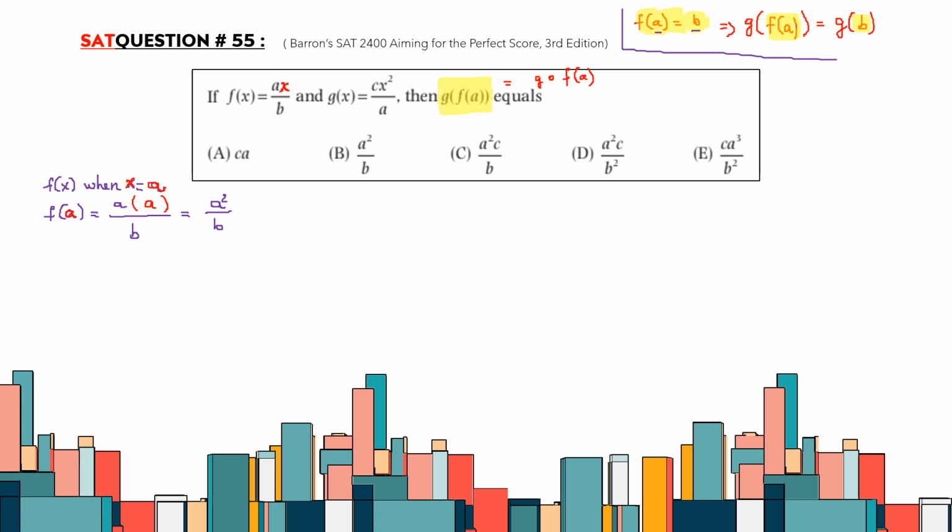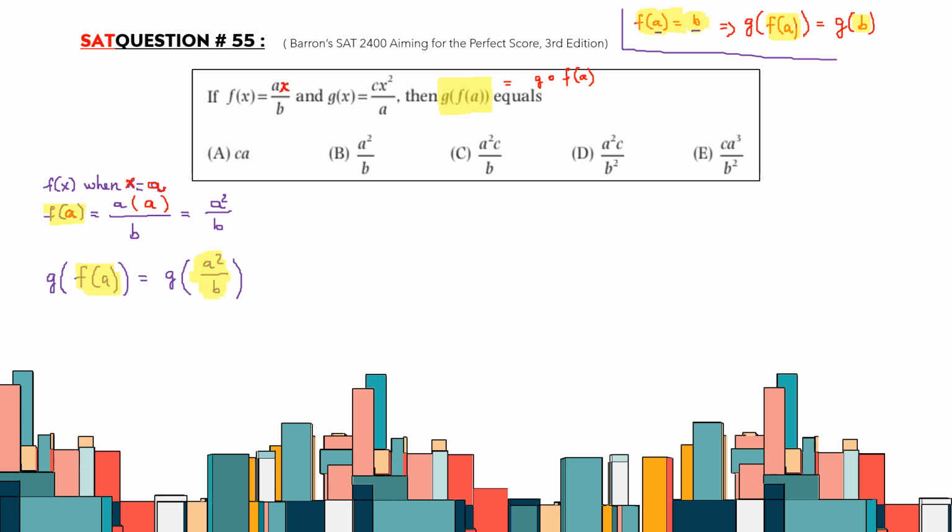Now we try to find g of f of a. That equals g of a squared over b, since we found f of a is a squared over b.